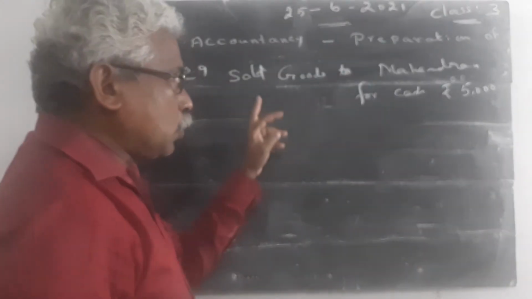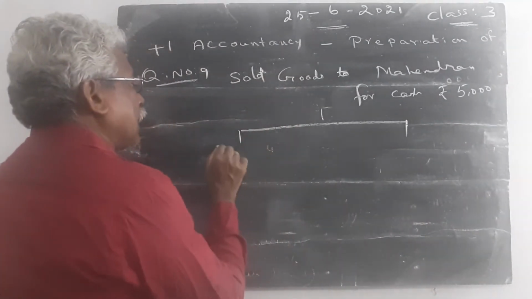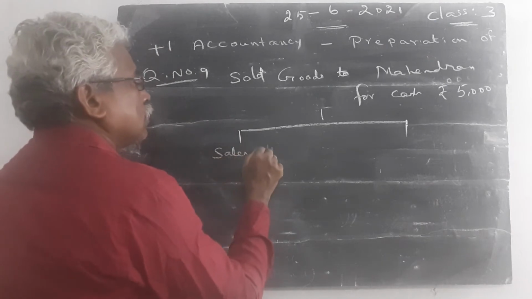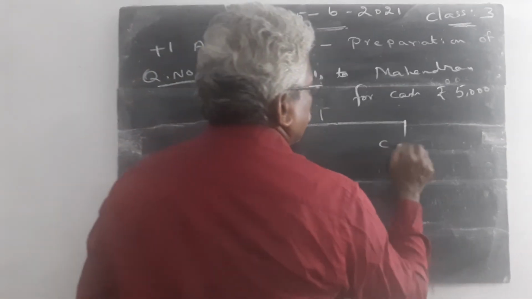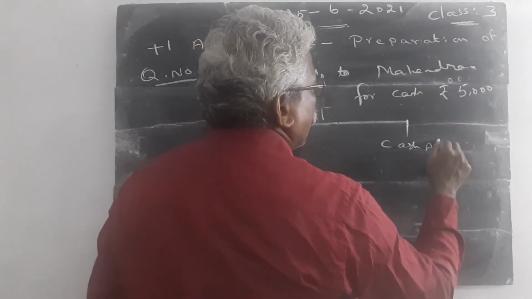If we sold goods on credit, we use Mahendran account and sales account. But we sold goods for cash, so Mahendran account is not at all necessary. So the two accounts are number one, sales account, number two, cash account.